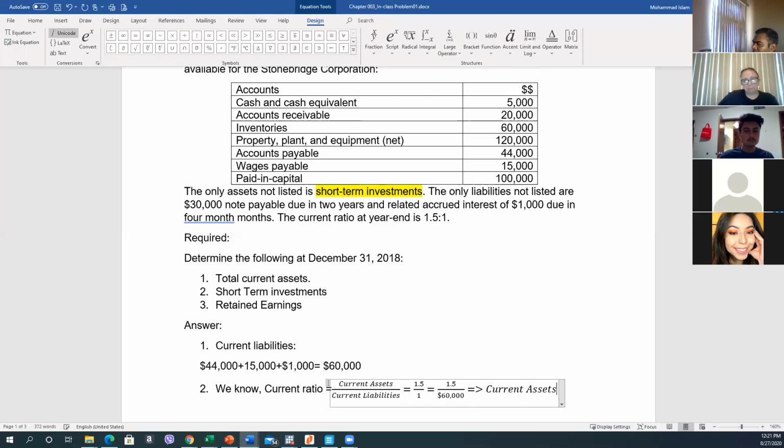Current assets would be equal to 90,000. Yes. So 1.5 multiplied by 60,000 is equal to 90,000, our current assets.